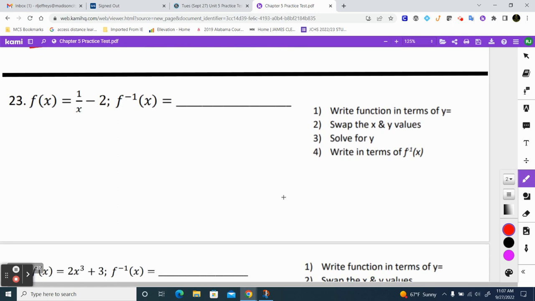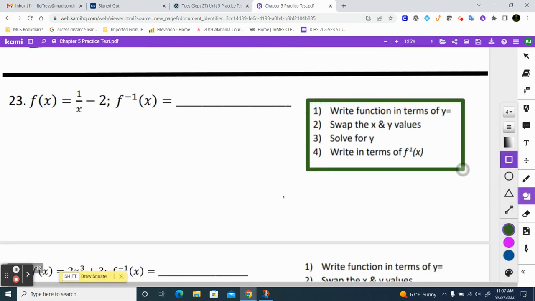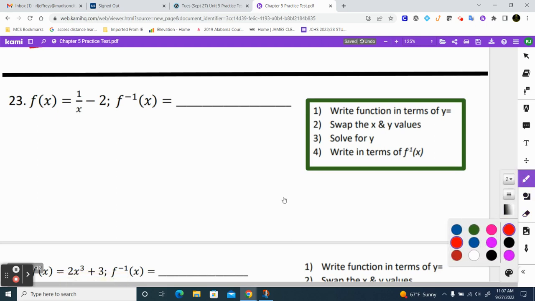All right. Now, you may not have to write this down for all of this, but because I grabbed them like this, I am. So write it like this. Swap the x and y.